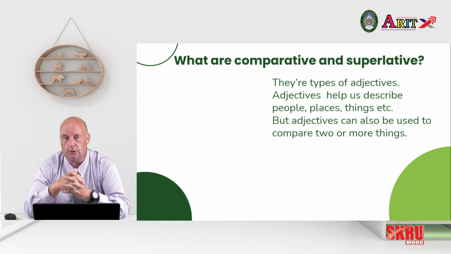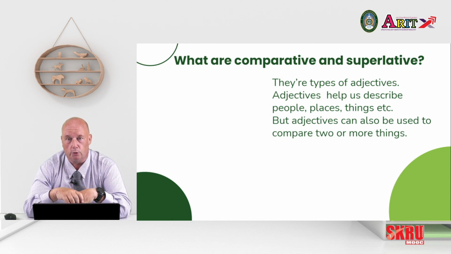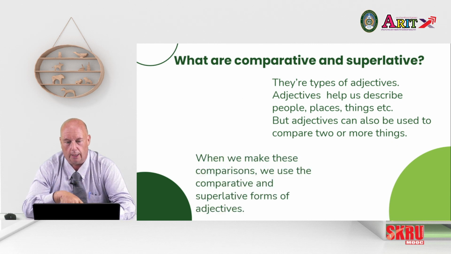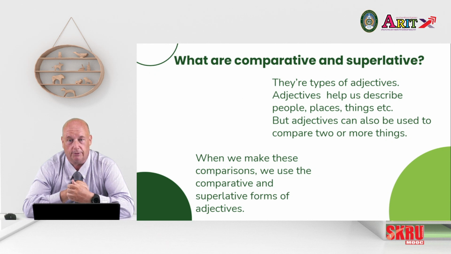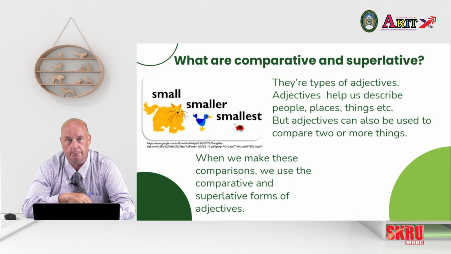In the last section, section 1 of this unit, we saw a number of those being used, comparing Hatyai and Songkla, or Thailand and the United Kingdom. So look at how we can do that. When we make use of comparisons, we use the comparative and superlative forms. Small, the adjective; smaller, the comparative; smallest, the superlative.